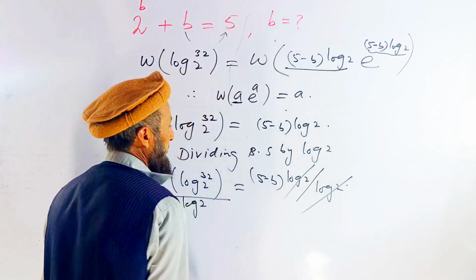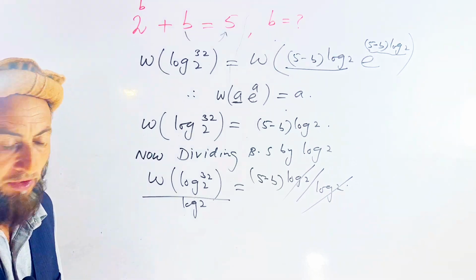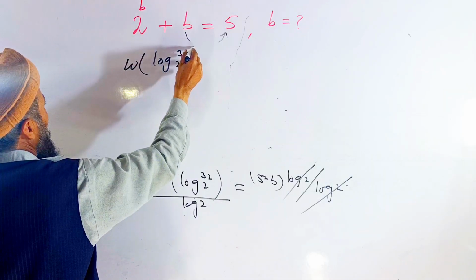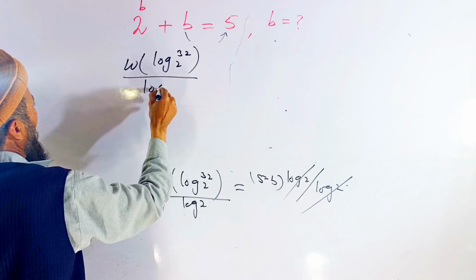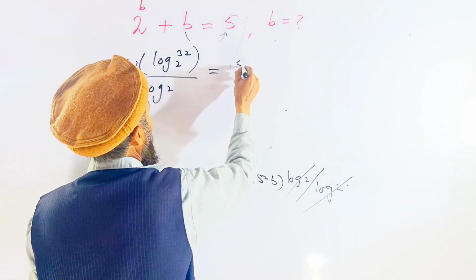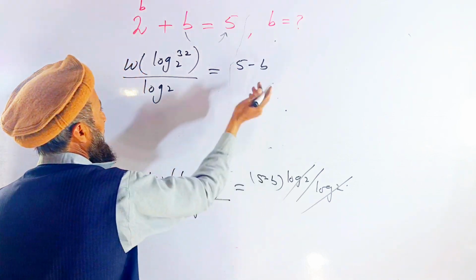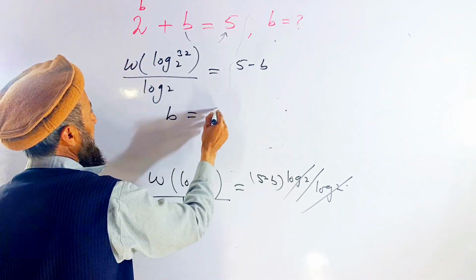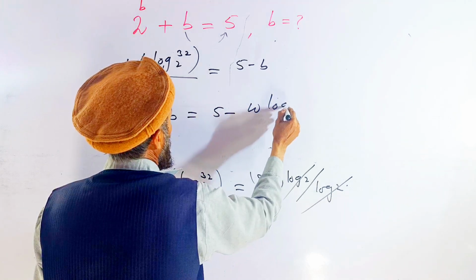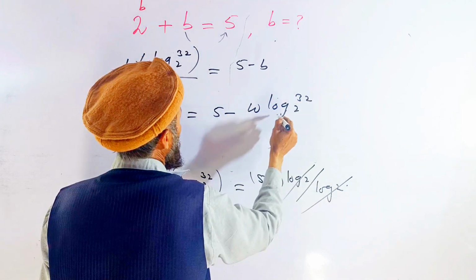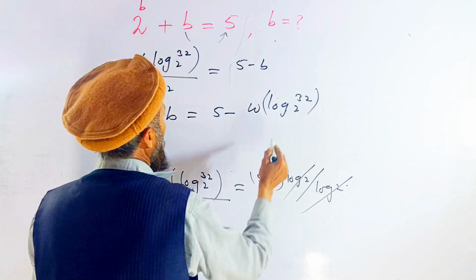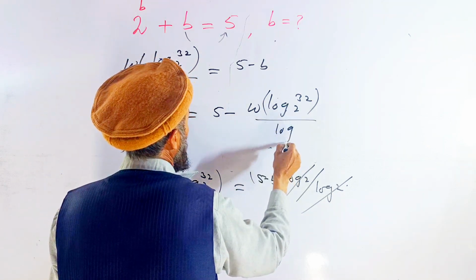Both cancel, and 5 minus b remains. W of log of 2 exponent 32 divided by log of 2 is equal to 5 minus b. If we rearrange, b is equal to 5 minus W of log of 2 exponent 32 divided by log of 2.